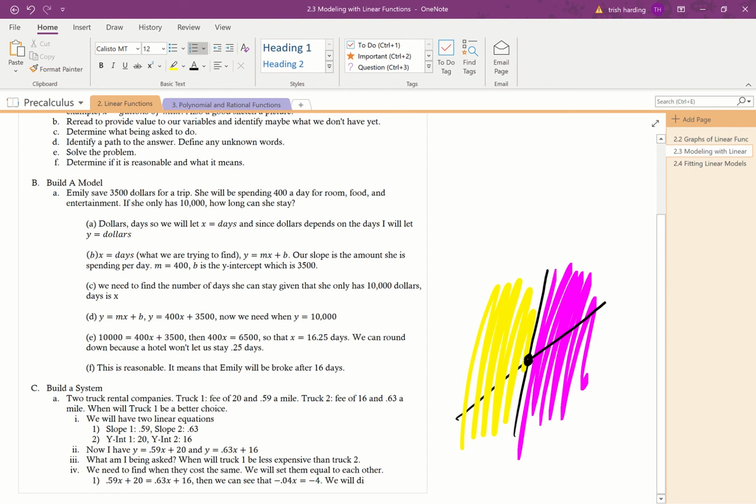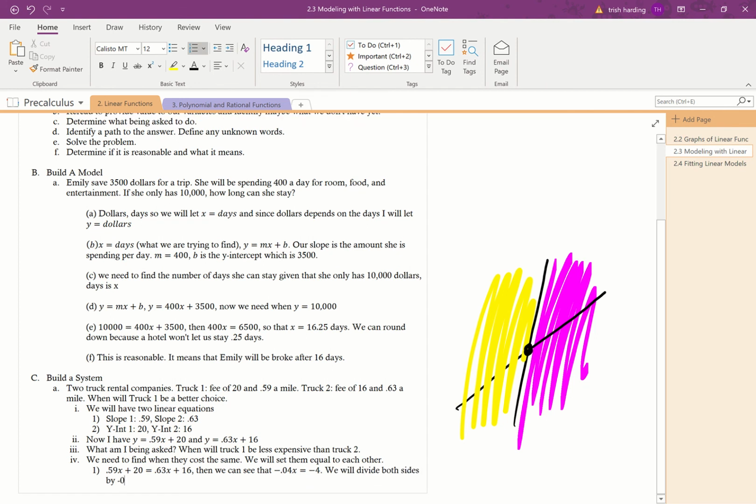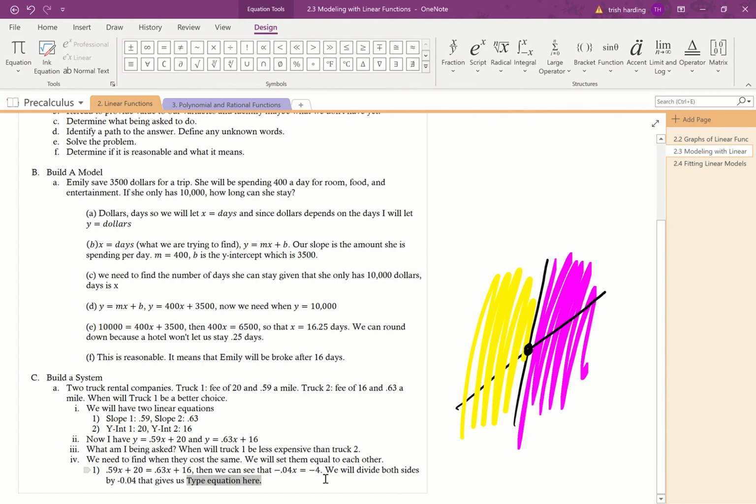We will divide both sides by negative 0.04. And that gives us x equals 100.